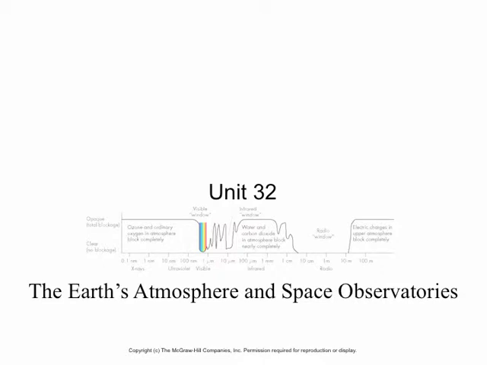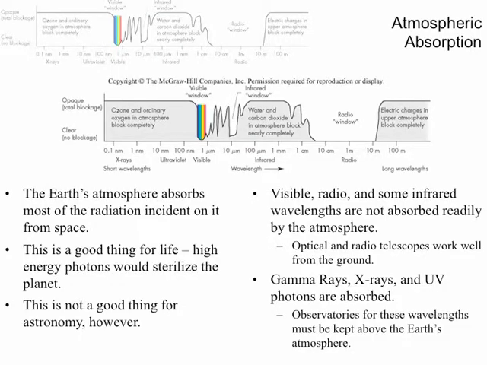So how does the Earth's atmosphere get in our way, and what can we do about it? The Earth's atmosphere has certain windows in it. These windows are the kind of light that is allowed through the Earth's atmosphere. At other wavelengths, light is very effectively absorbed, and very little light of that wavelength reaches the ground.